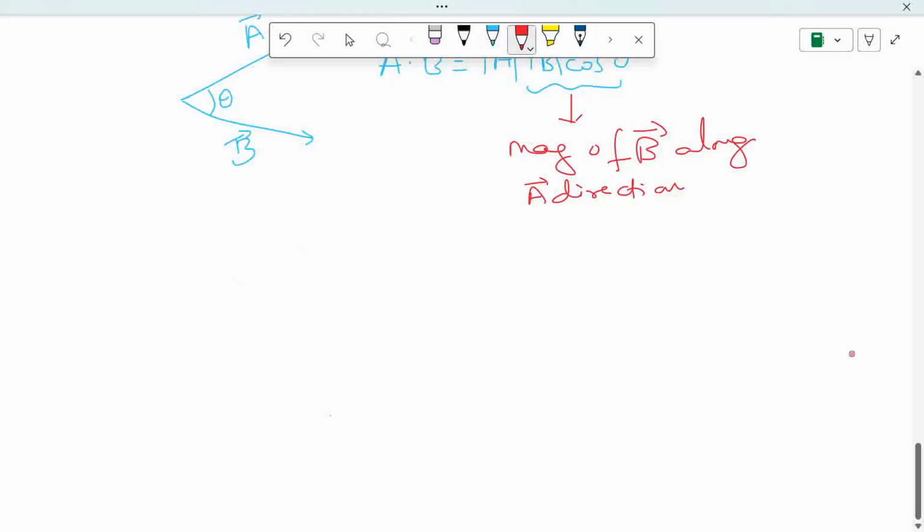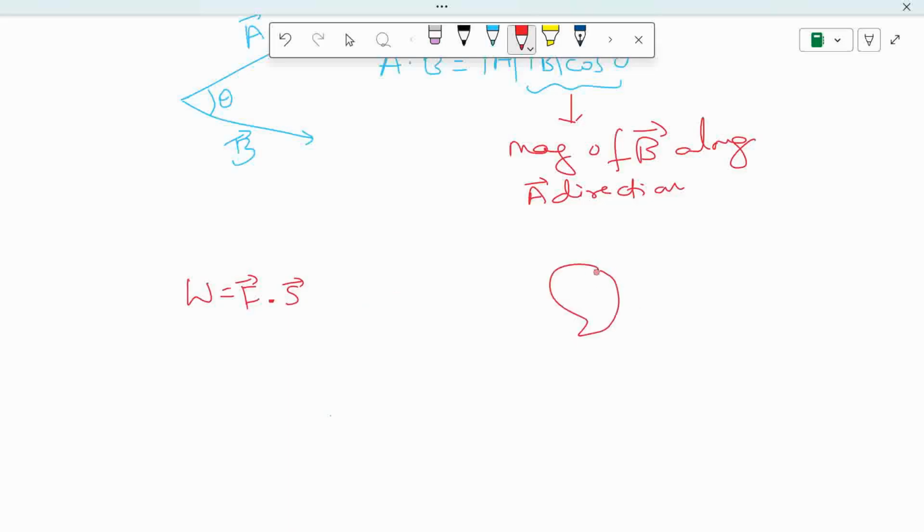Now let's consider an example of work done. So work done is the dot product of force and displacement vector. Let's write the displacement vector as s bar.